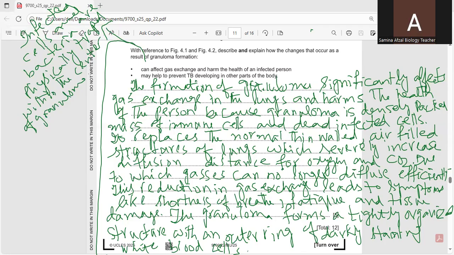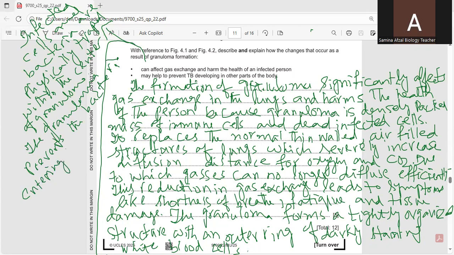So this results in a latent infection, the granuloma prevents the bacteria entering the bloodstream.